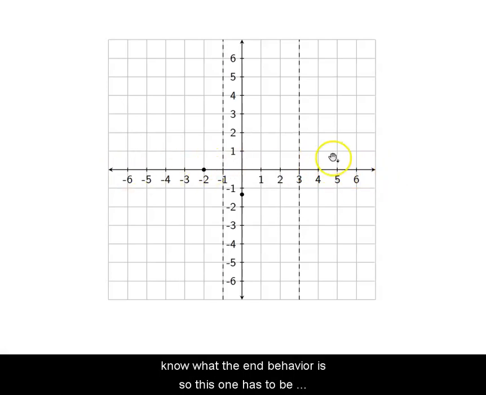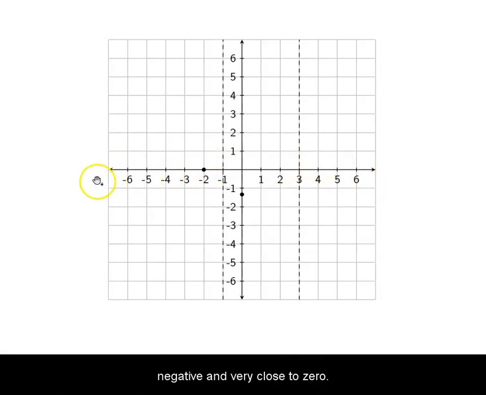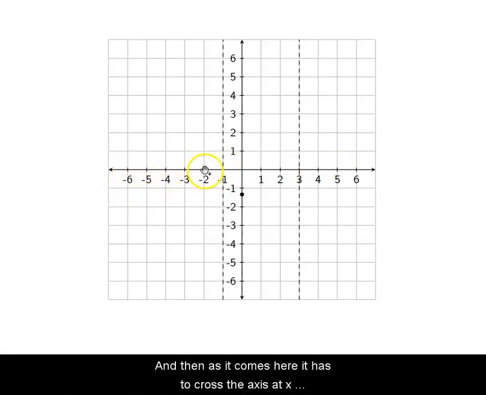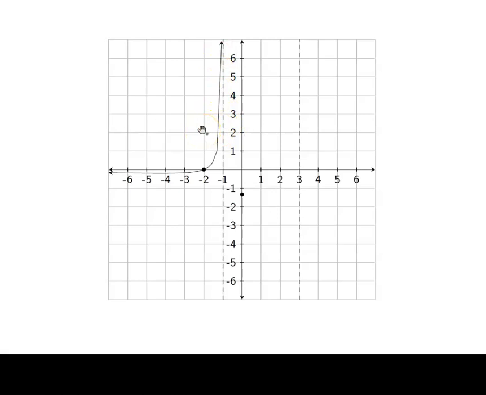So I know what the end behavior is. So this one has to be negative and very close to 0. And then as it comes here, it has to cross the axis at x equals -2, and then just get more and more positive because it stays positive as I get close to x equals -1. Just like that.